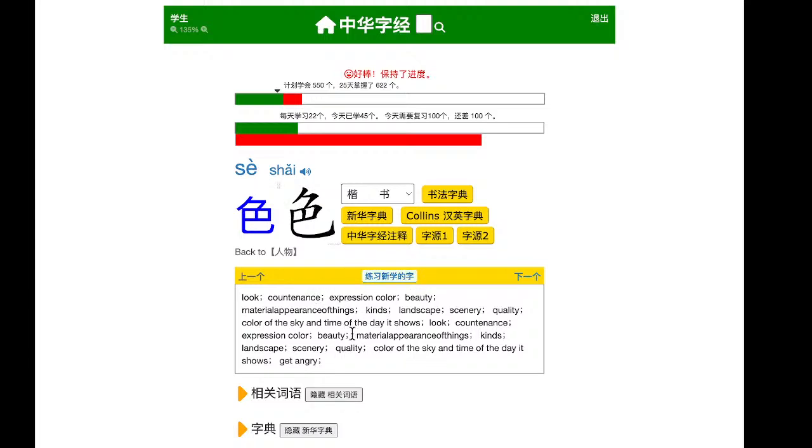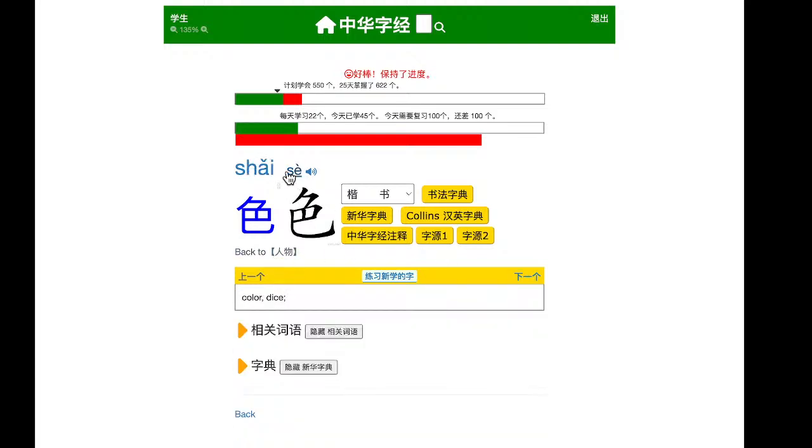Colors, 颜色, a lot of these sorts of things. We got another reading, 骰, and 骰 refers to dice, like when you roll dice, the 6-sided things with dots on them. Sometimes they have more sides. Dice are called 骰子, and that's also this character for some reason.